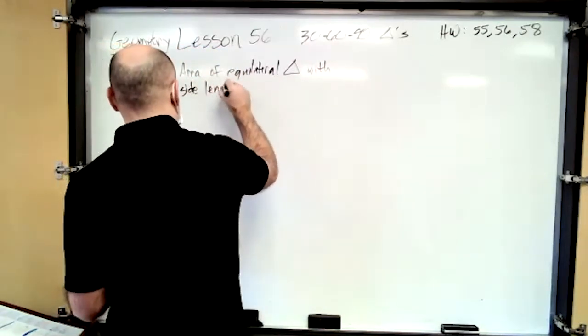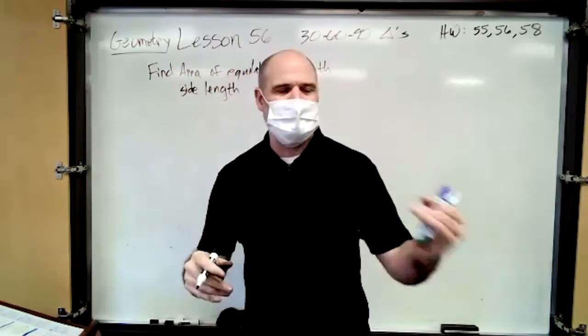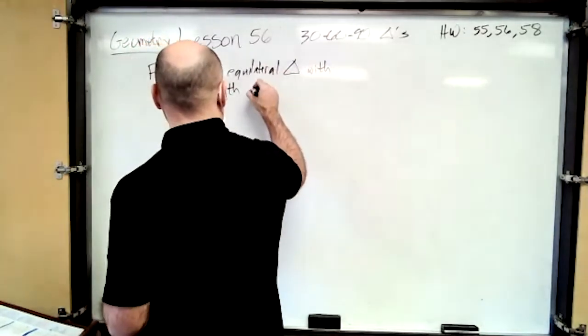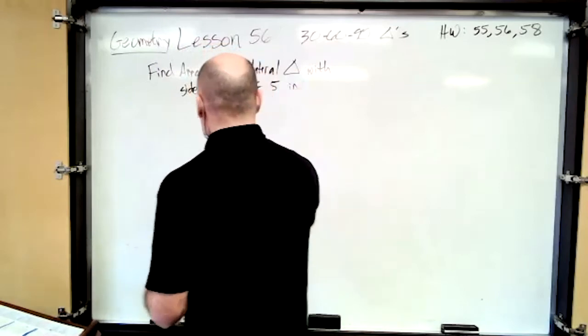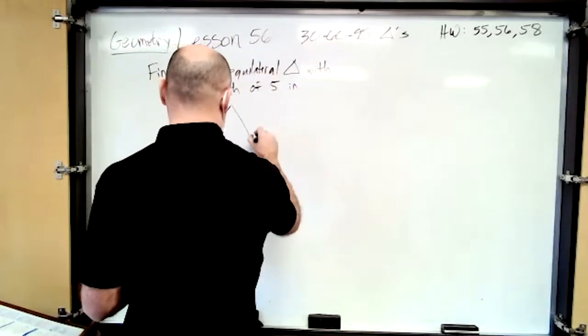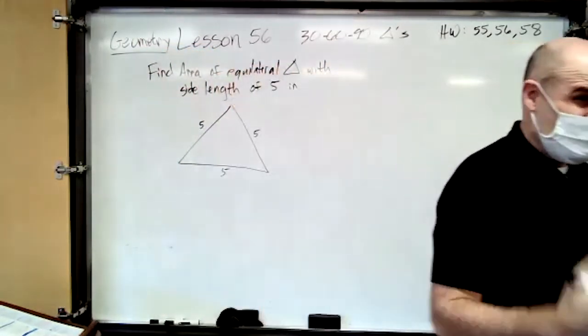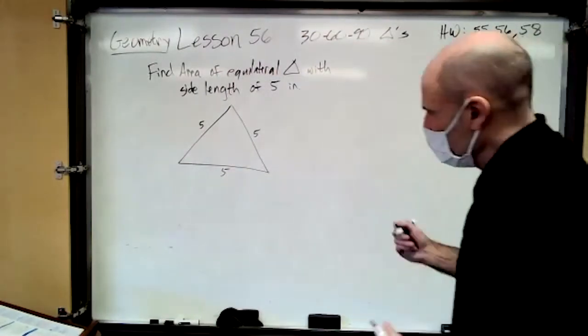Well, remember, to find the area of a triangle, you need the base times the height, not side length times side length. Okay, so here's what the triangle looks like. So what do you need to find the area of that? Yeah, so you need the height, which it doesn't give us.